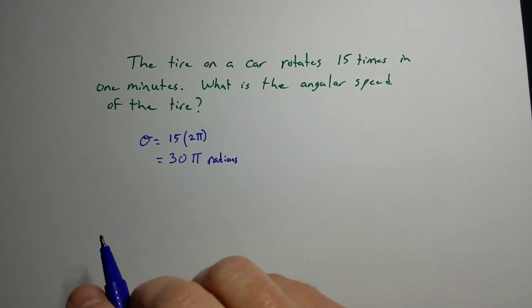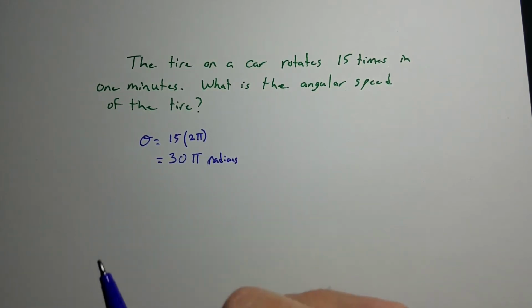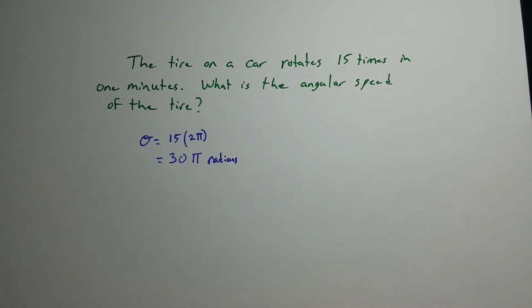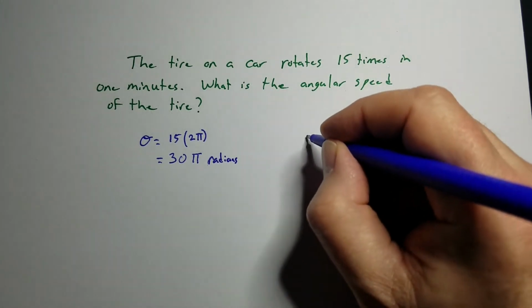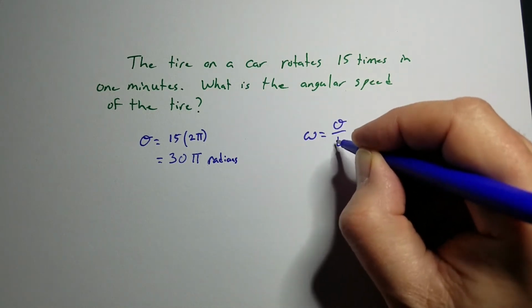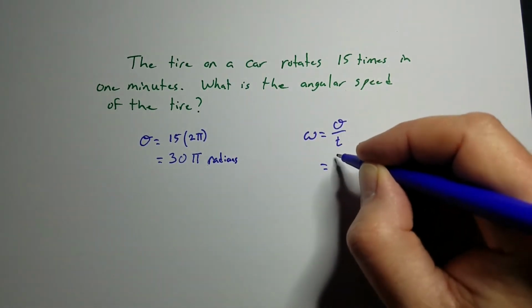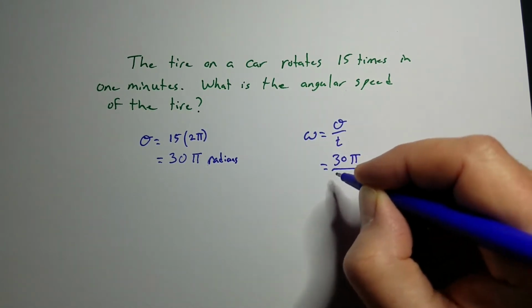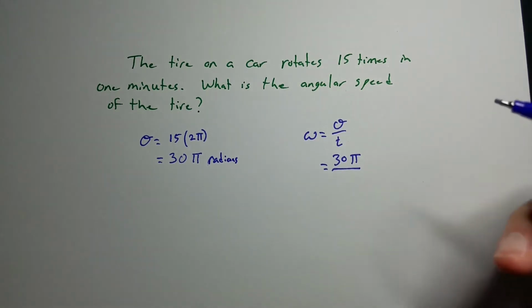is the angle that it turned through. That's one thing you have to look for, to see if they gave you the angle or the number of rotations or revolutions. So now we've got omega equals theta over time. Theta is 30 pi, and you can leave it in terms of pi, but a lot of times we go ahead and multiply it through.